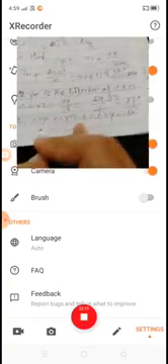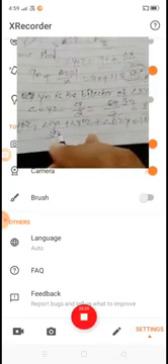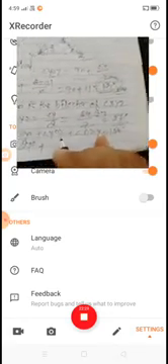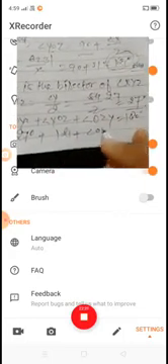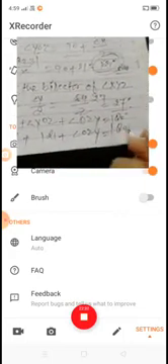So we put all the values: OYZ is 27 plus YOZ 121 plus angle OZY is equal to 180.